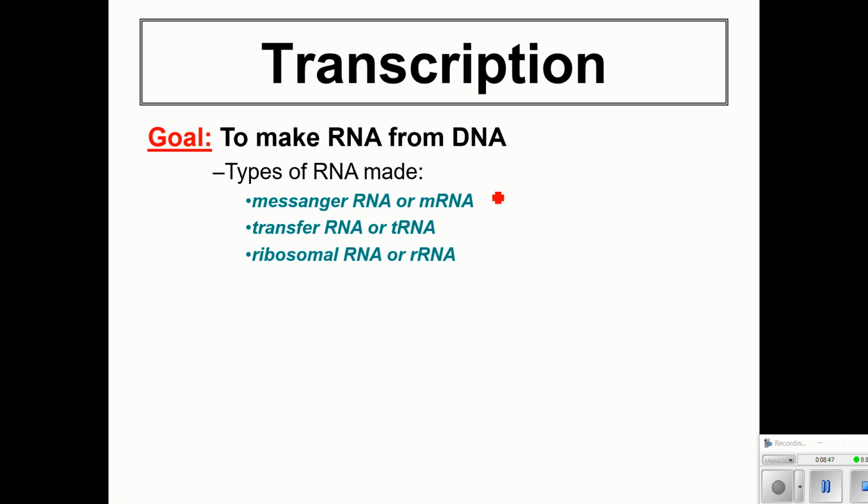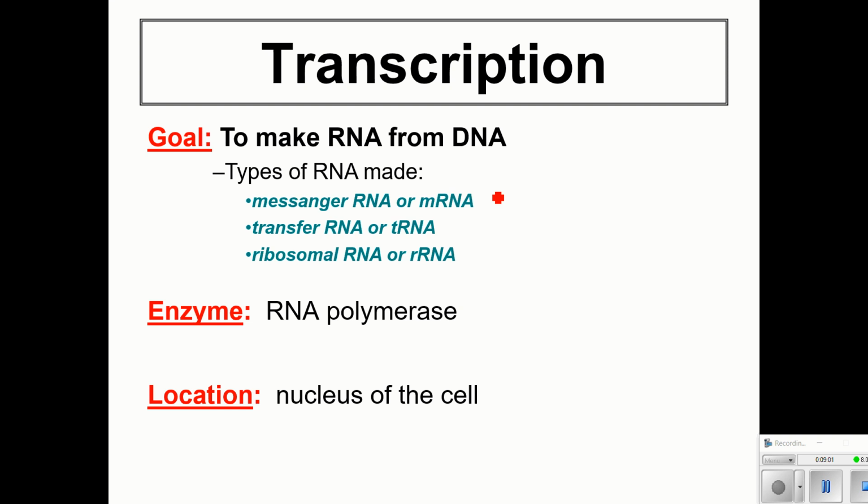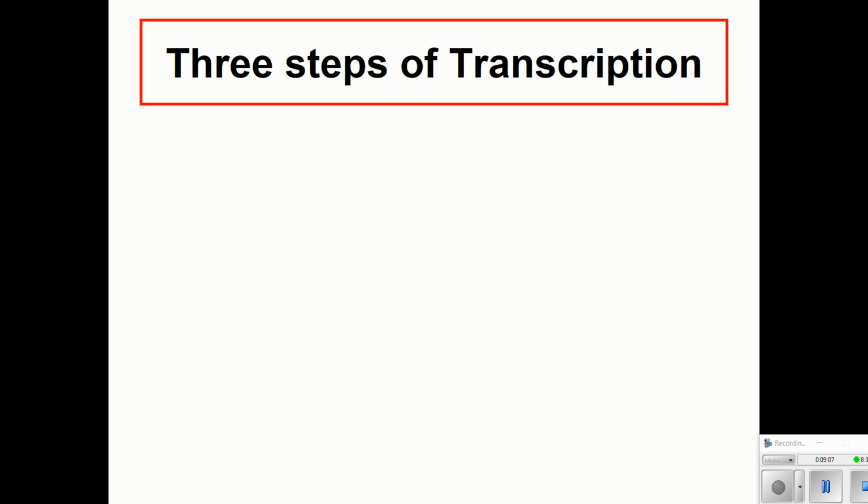The DNA being read and written into RNA language, that is the same process. The enzyme that's going to do this is called RNA polymerase. This is a new one for us. And the location of this process is going to be the nucleus. It's going to happen right there in the nucleus of the cell.